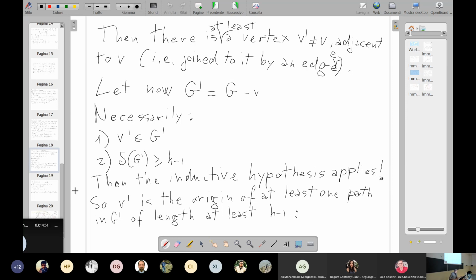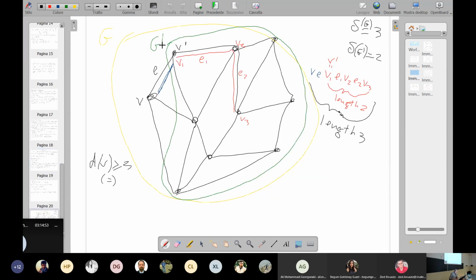In fact, this was well done, even if it was just by luck, that when I take away v, actually small delta decreases. It could not decrease, but I'm pretty sure that it does not decrease more than by 1. So if it was small delta equal to 3 here, it must be small delta maybe 3, but surely greater than or equal to 2 here. And actually, in this case, it is 2.